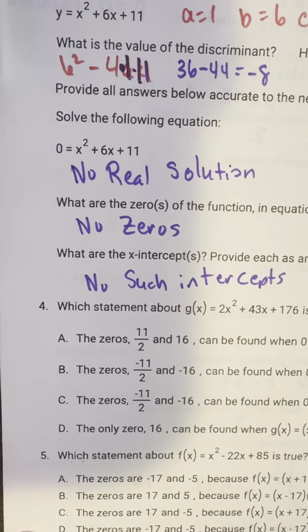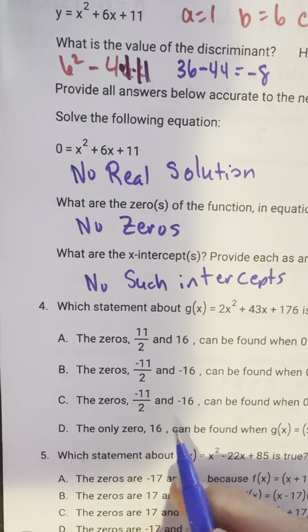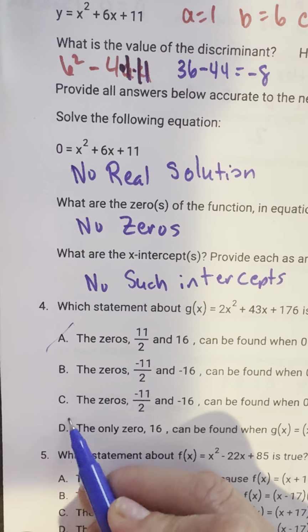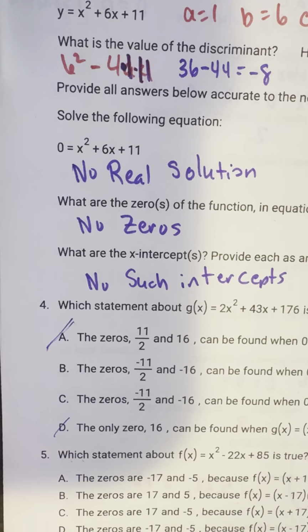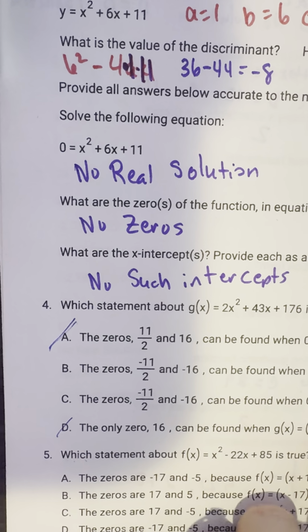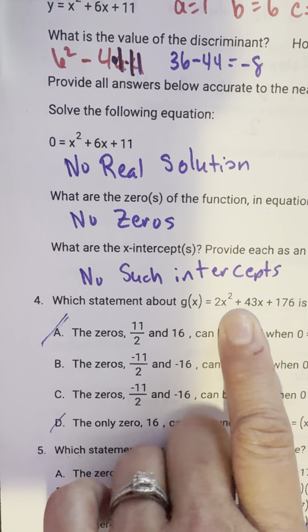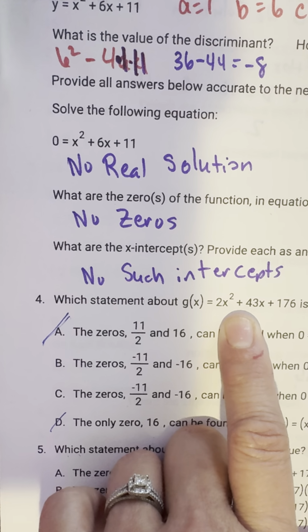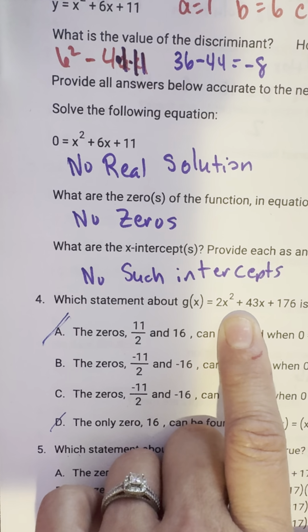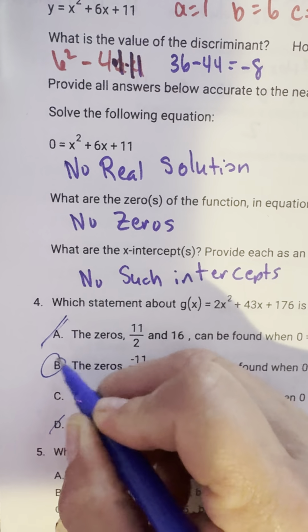So our answer could be B or C. So we can eliminate A and D. Okay, so now we have 2 factors. So if you multiply to get 176 and add together to give 43, are they going to be positive numbers or negative numbers? Positive. So your answer is B.